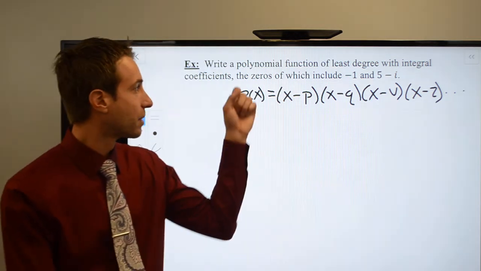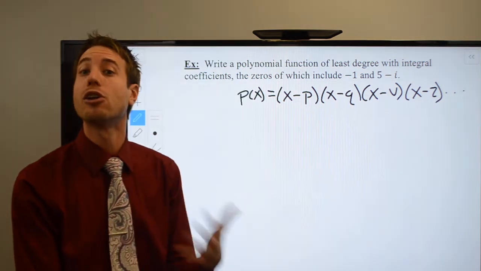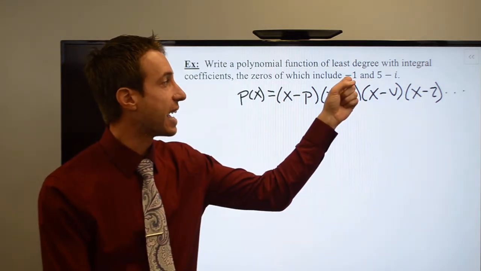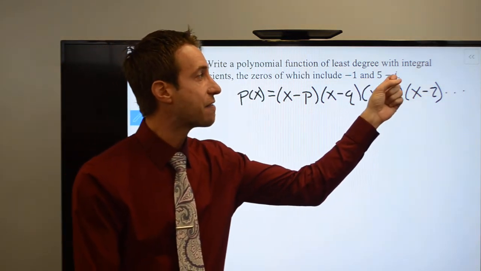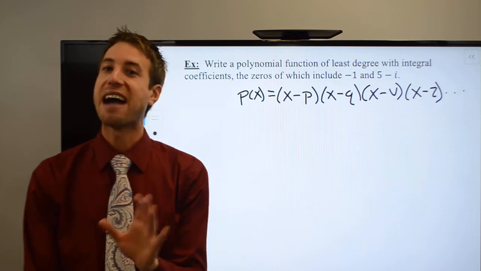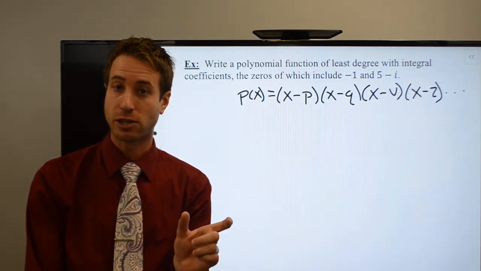And here's what I tell you. The zeros of the polynomial I'm looking for are -1 and 5 minus i. Now, 5 minus i is an imaginary solution.